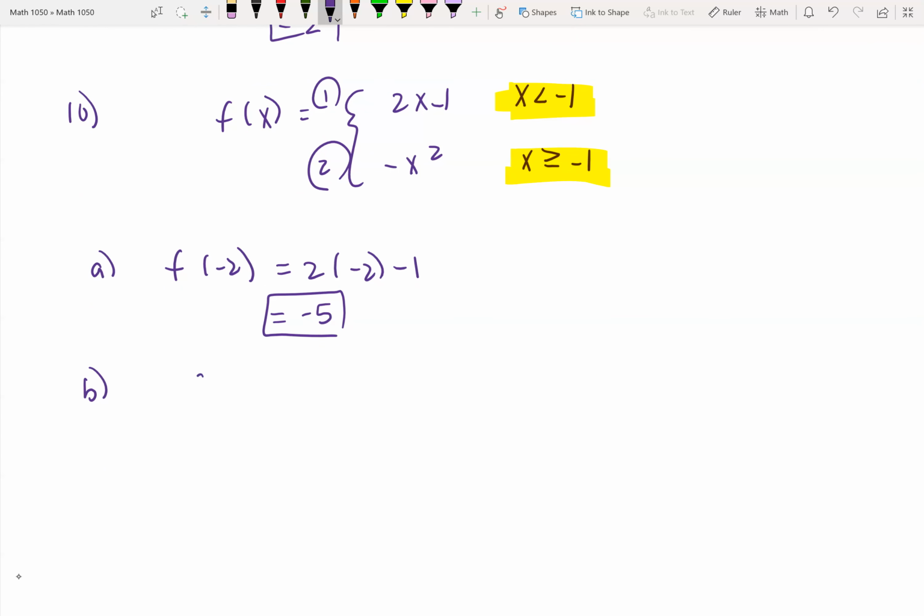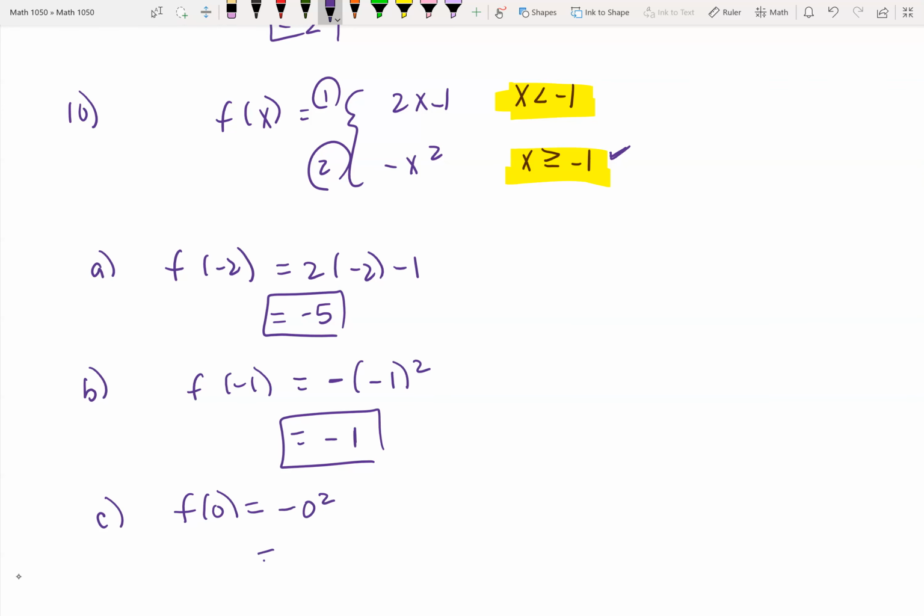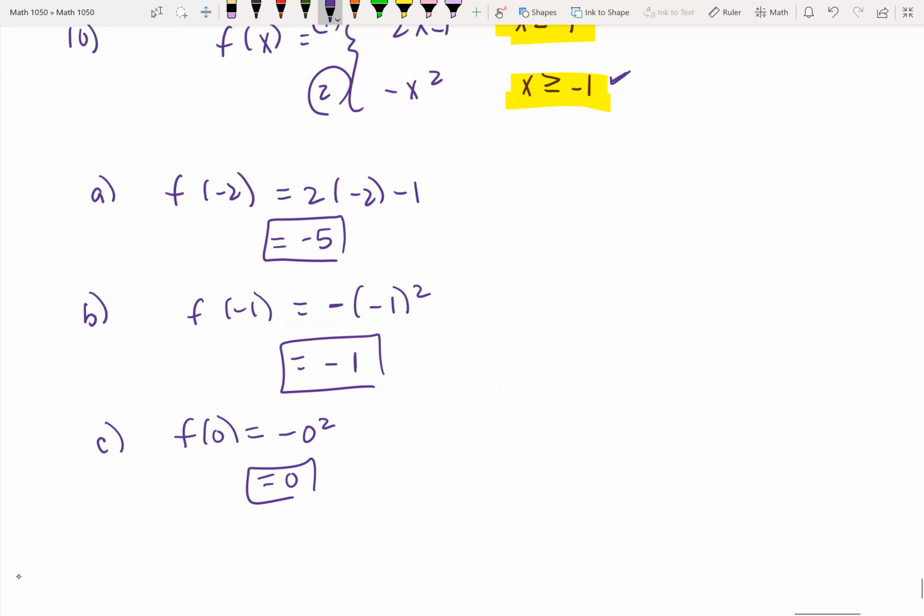Question B, find f of -1. Well, that's got an equal sign. Be careful, so it's -1 squared. Negative squared is positive, 1 squared is 1, but you've got a negative out in front of it. Question C, f of 0. 0 is bigger than a -1, so it's right there. That's a -0 squared, which is 0.